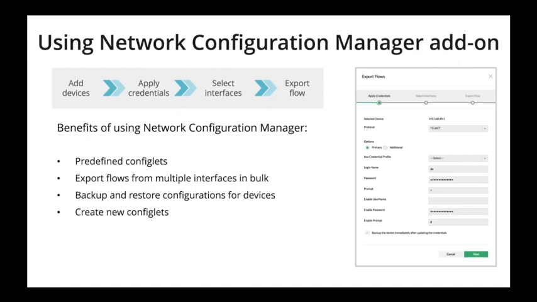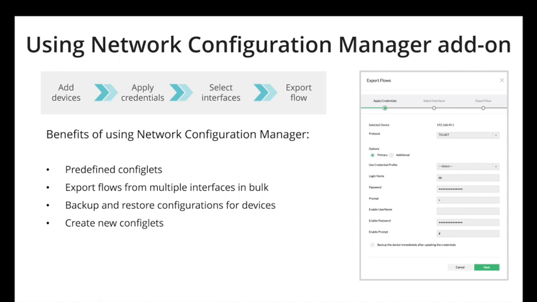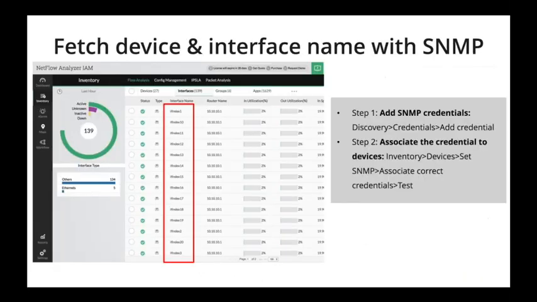And if the configlets are not available for your device, you can also create new configlets in the NCM add-on. So this is the benefit of using the NCM add-on for exporting flows. You can use either the manual method or the NCM add-on for exporting the flows. Once the flows are exported and the device is added, the device will be listed in this inventory.